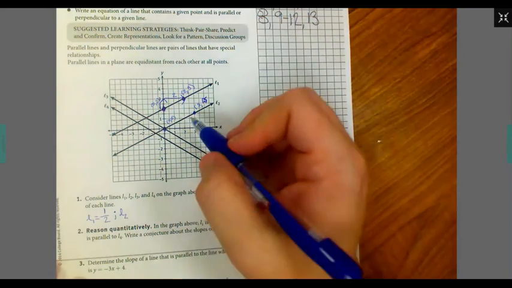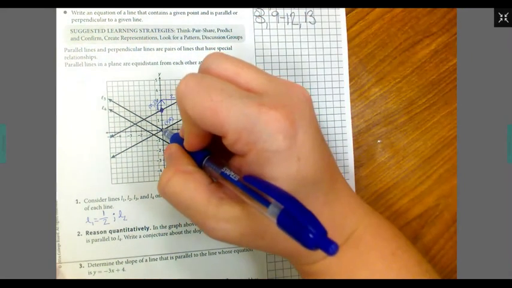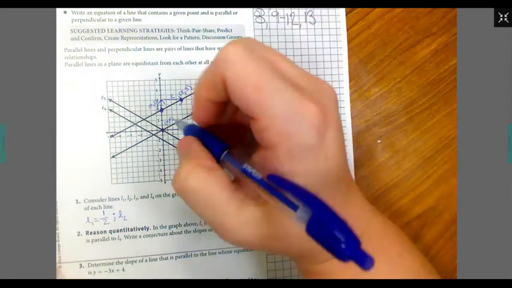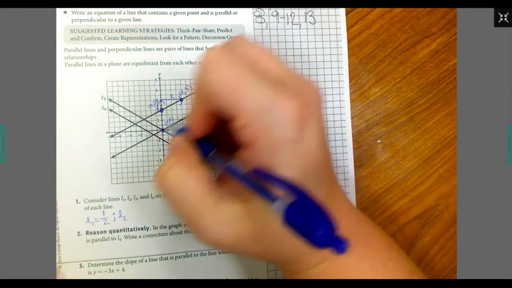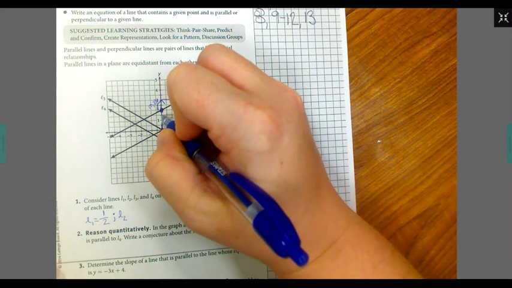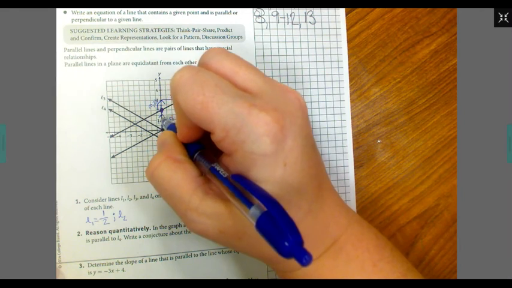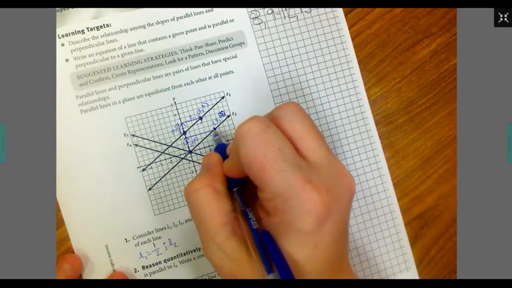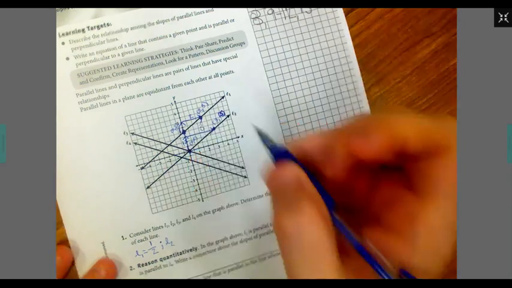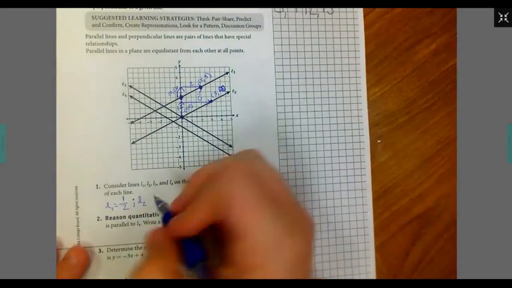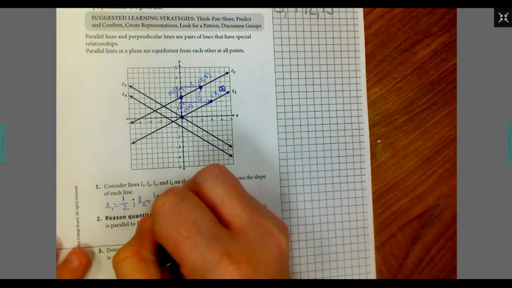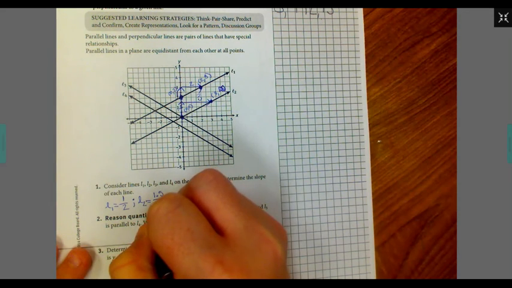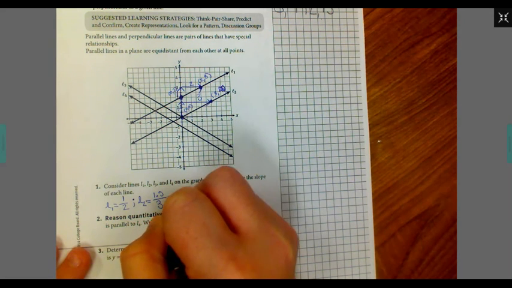So we are basically rising 1.5, and we are running 3. So I have rise of 1.5, run of 3.